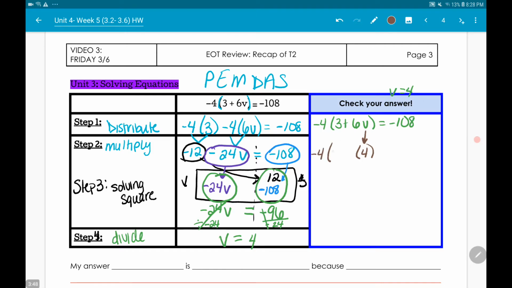Negative 4 times the quantity 3 plus 6 times 4 equals negative 108. Now, you guys have it real easy and could take this whole thing and type it into your calculator. So go ahead and let me know what you get. All right, if I did this correctly, I got negative 108 equals negative 108. That looks correct to me.